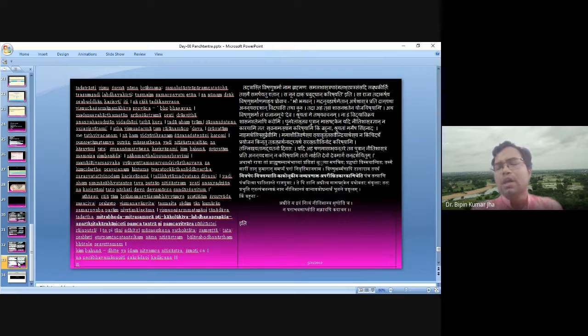It means there are different types of scholars. One has knowledge of the subject, and another has knowledge of how to deliver it and make it understandable.